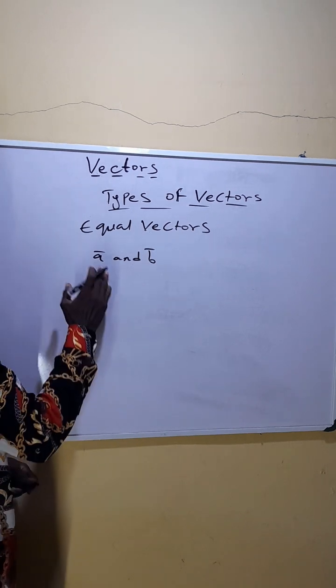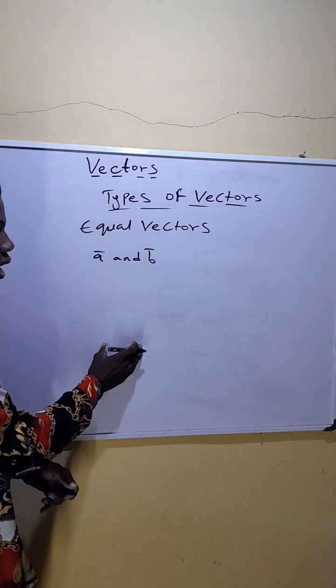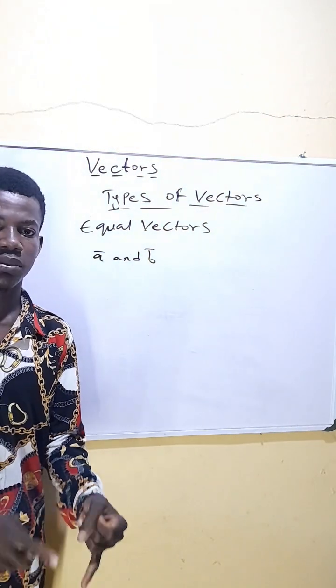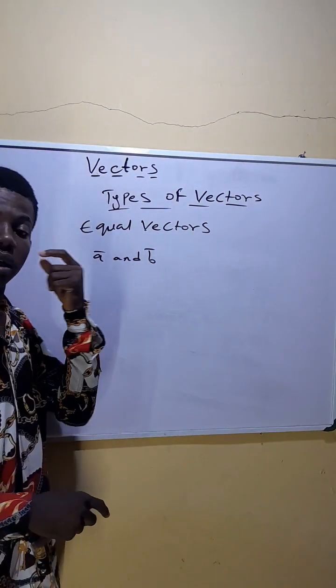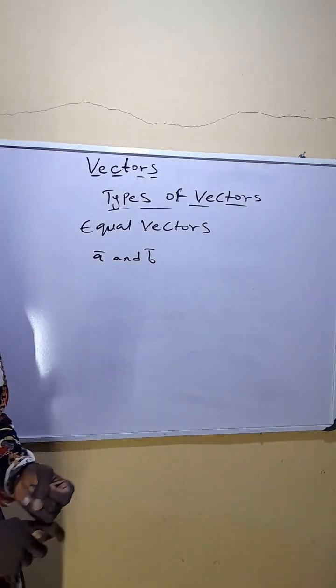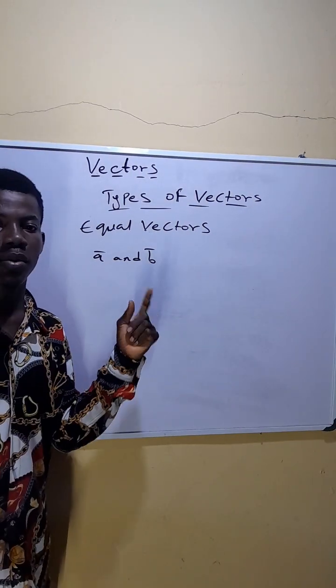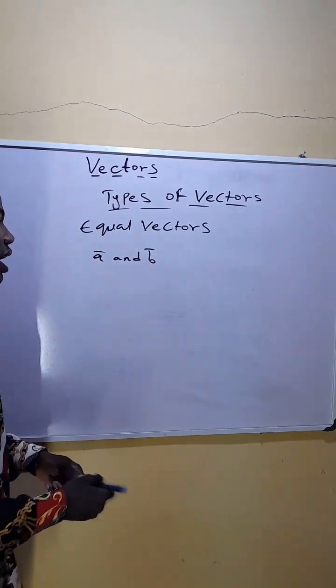That is, they must be parallel to each other, they must be equal in magnitude, and both must be moving in the same direction.